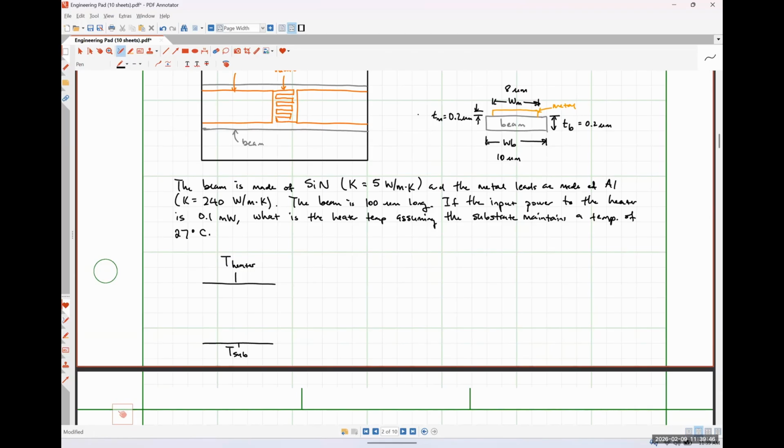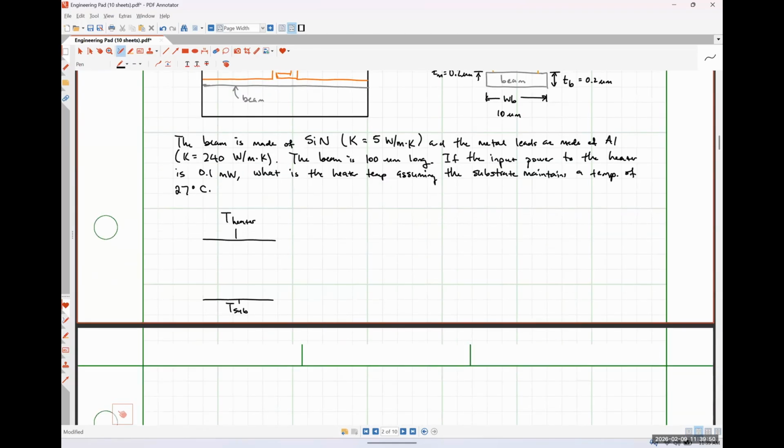I'm going to see the exact same thing on the other side. So I'm going to represent this like 4 resistors in parallel. Here I'm going to have a metal strip, a beam, another beam, and a final metal strip like this.